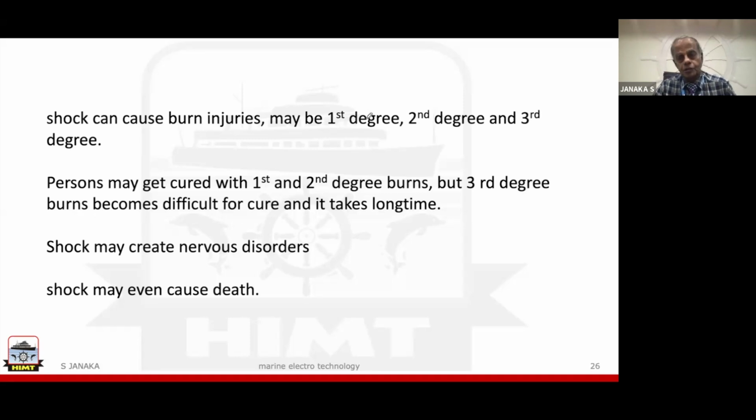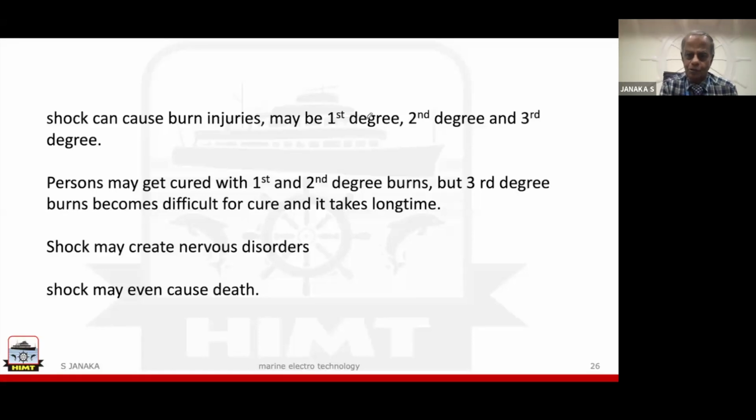Shock can cause burn injuries. We normally classify them as first degree, second degree and third degree burns. Normally first and second degree burns get cured by medical help.